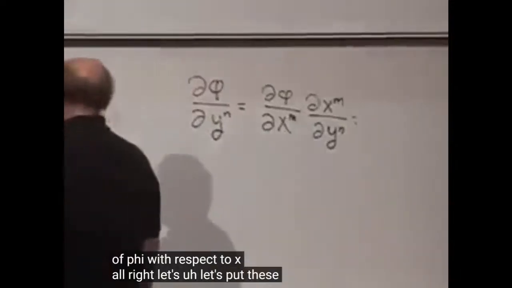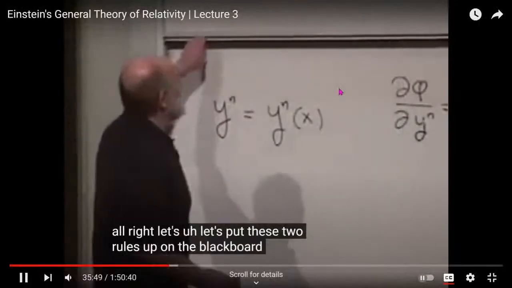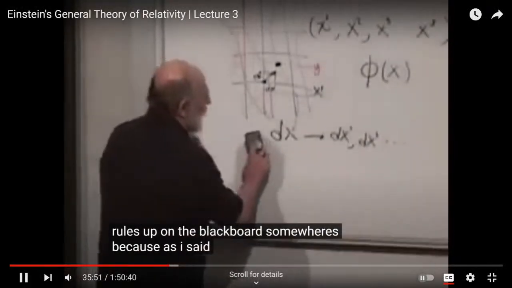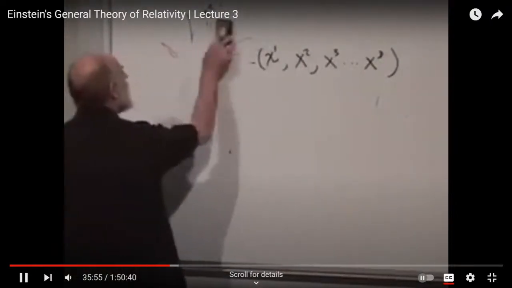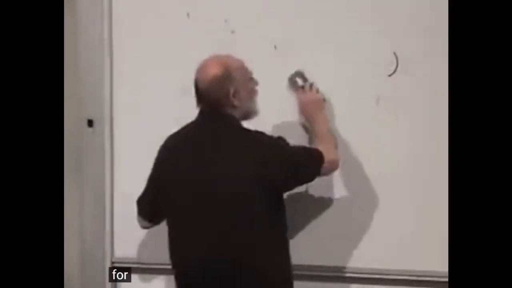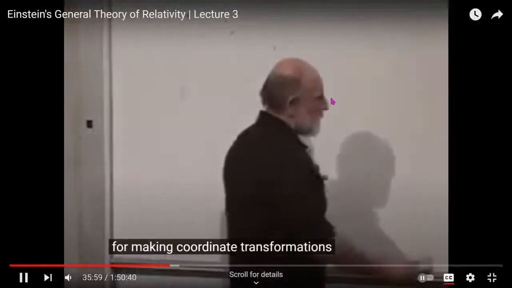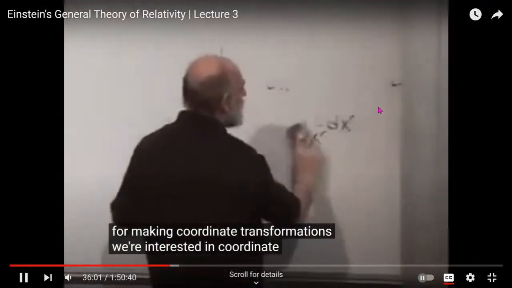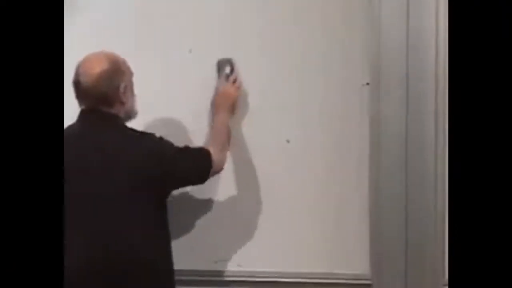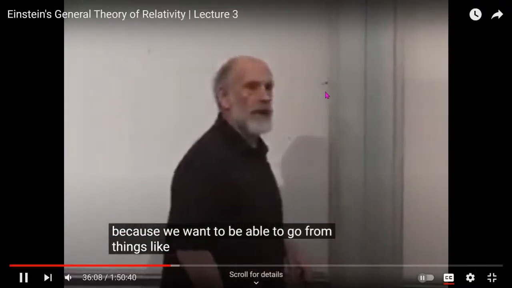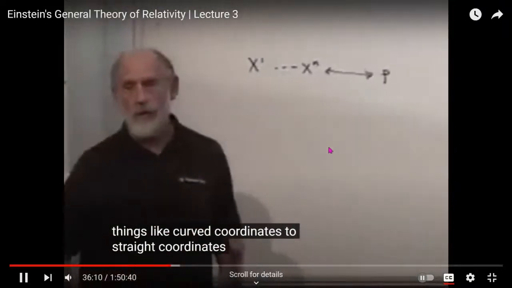All right, let's put these two rules up on the blackboard somewhere, because as I said, they're our fundamental tool for making coordinate transformations. We're interested in coordinate transformations because we want to be able to go from curved coordinates to straight coordinates.